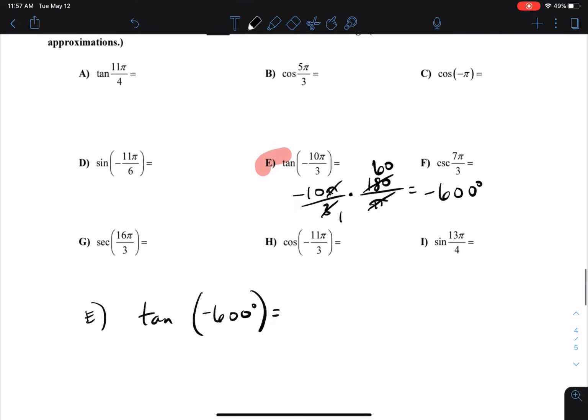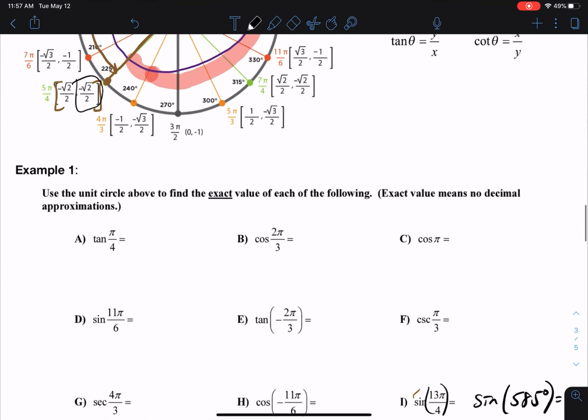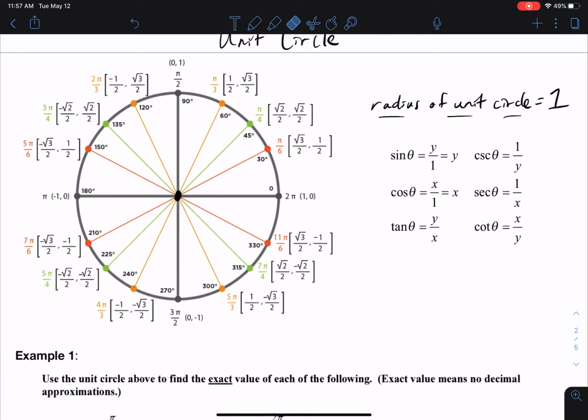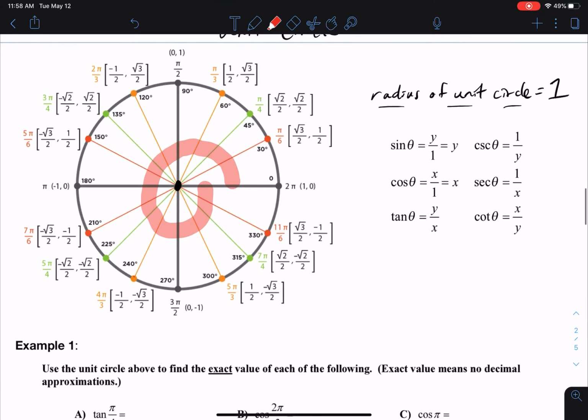So letter E. Let me go back up. I'm going to go in the negative direction. There's 360. How much do I have left over?